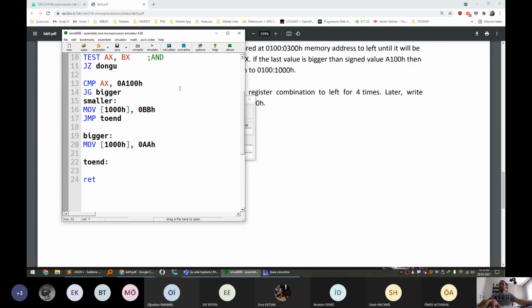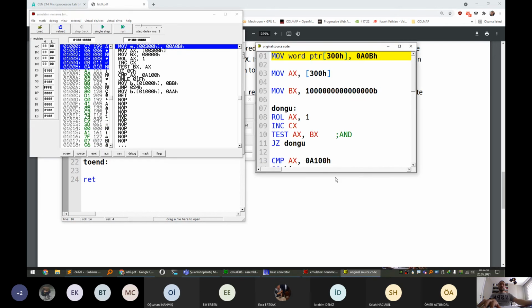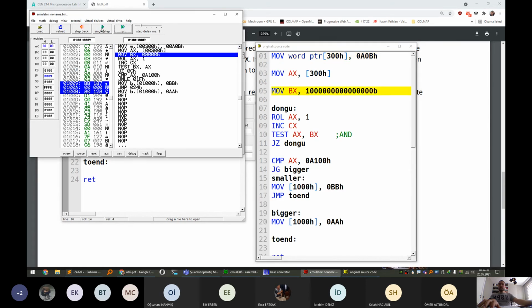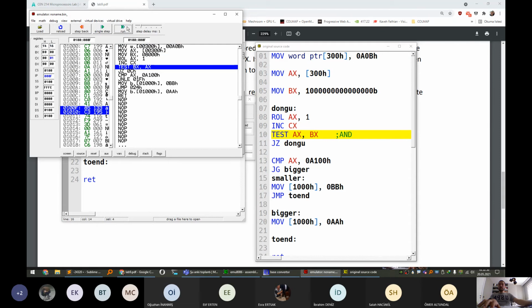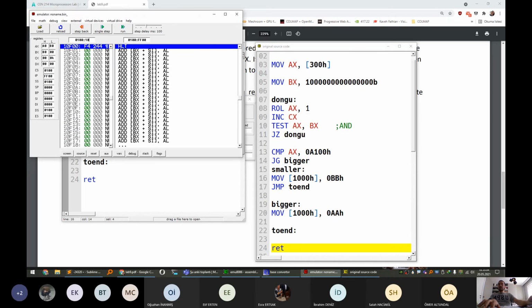Okay, let's check if it is writing BB or not. It should write BB. Okay, we have a comparison. I'm going to emulate this a bit and later look at 1000H, and it writes BB.